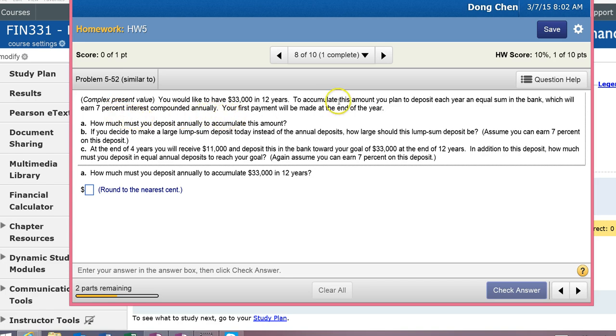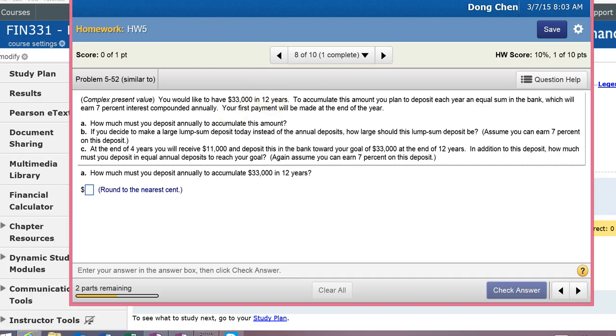And you know it's going to be 12 payments, right? You would like to have it in 12 years, and you start from the end of the year. So you plan to deposit each year an equal sum. So that means you will have 12 payments. So this is a pretty standard question, given the future value, the interest rate, and the n.